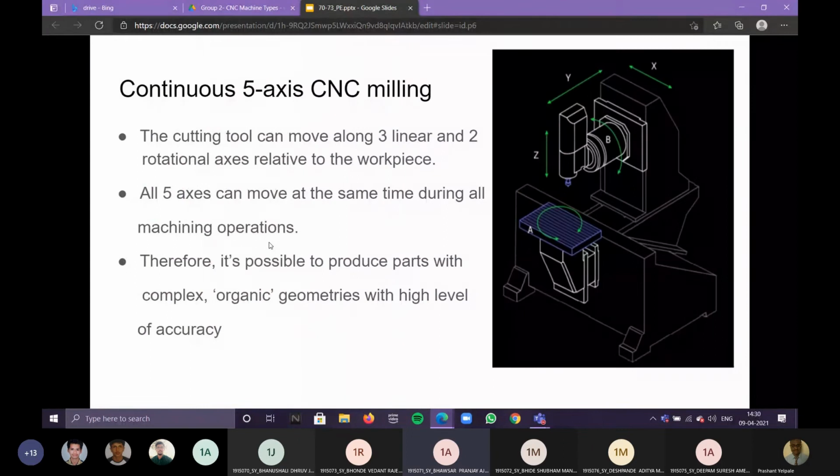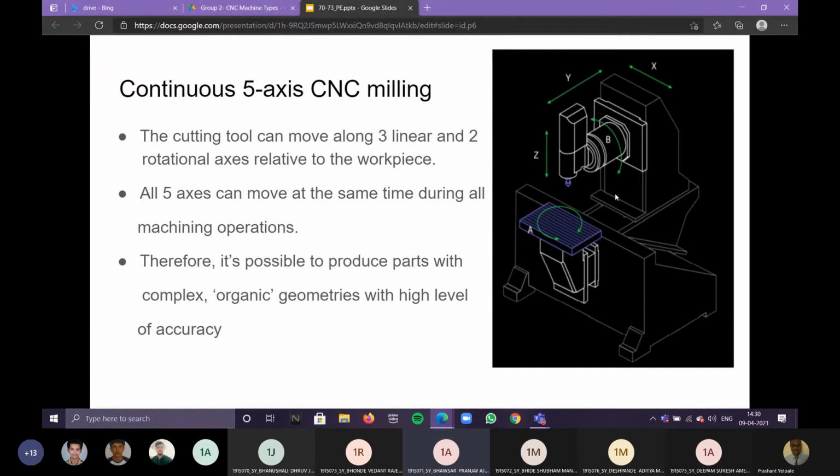Next is continuous 5-axis CNC milling. As opposed to indexed 5-axis CNC milling, in continuous 5-axis CNC milling, all the 5 degrees of freedom are available at the same time, and the bed can rotate or translate.